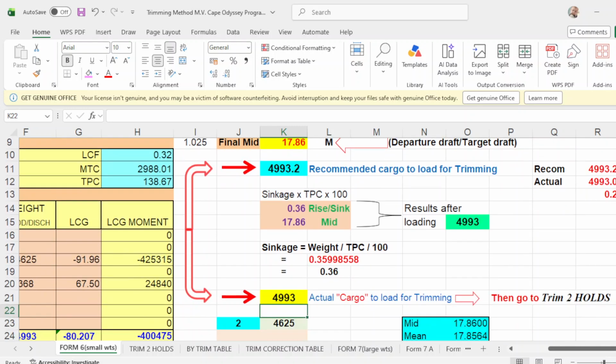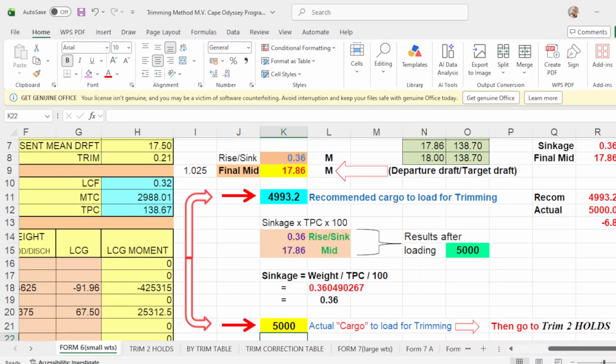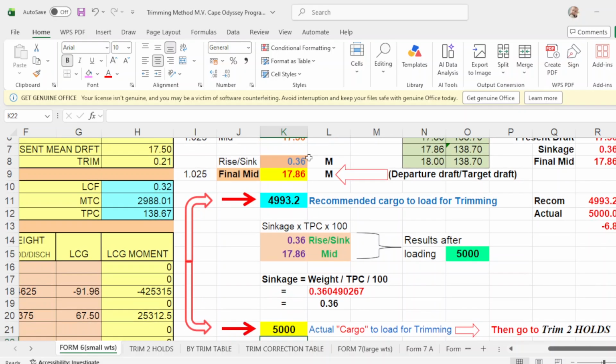What if we put 5,000? Okay, 5,000. Well, you still have the same draft here and the same sinkage. Okay, we'll just use 5,000.